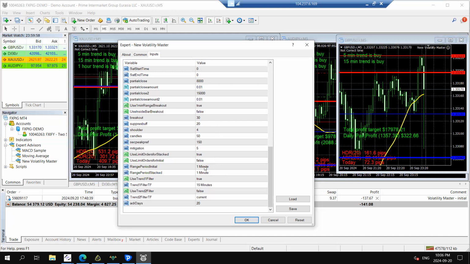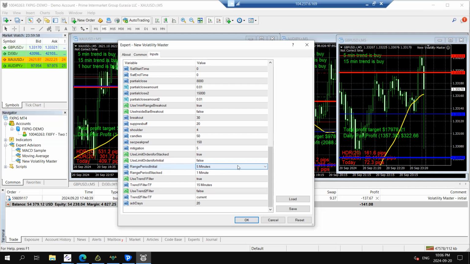I did have this one set for a red folder news event last night, but normally I'll just have it set for the initial trade to be 5 minutes. So when I'm trading it just all day, just because I want to, not because there's a volatile event, the initial trade is going to be based off a breakout of the 5 minute time frame.